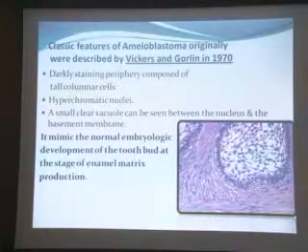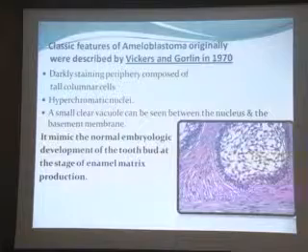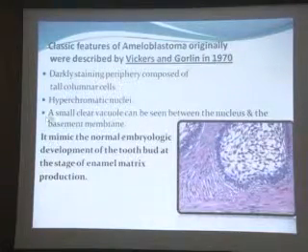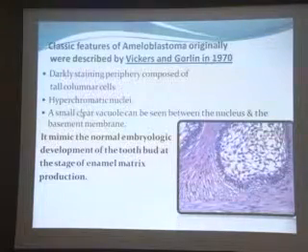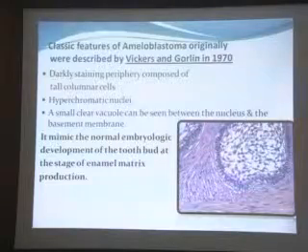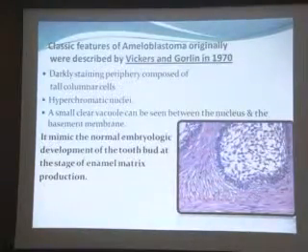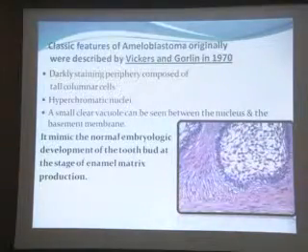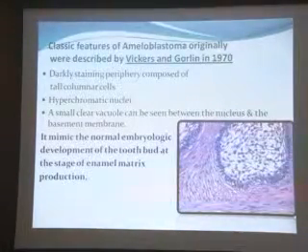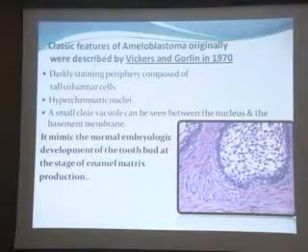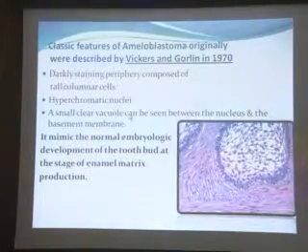Hyperchromatic nuclei, yes, you can appreciate the hyperchromatism of these nuclei. The third feature is a small clear vacuole between the nucleus and the basement membrane. Here is a tall columnar cell, hyperchromatic nuclei, this is the basement membrane, and between the nucleus and the basement membrane you can appreciate this clear vacuole.